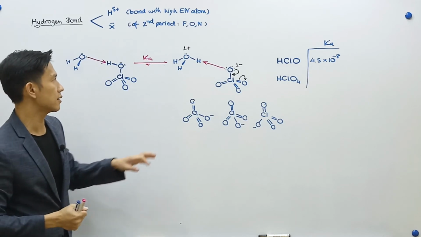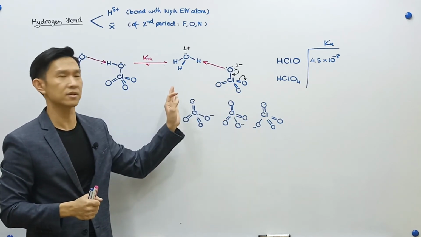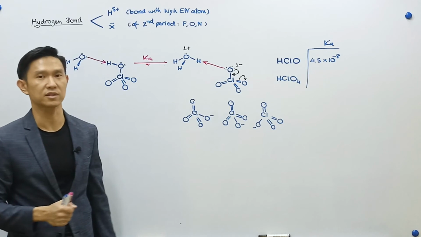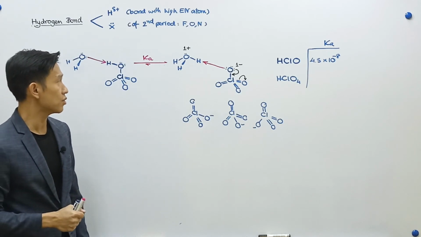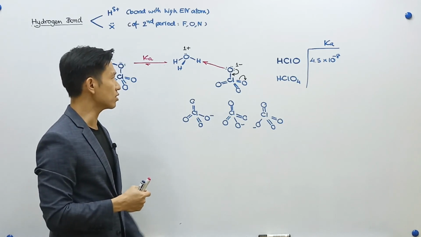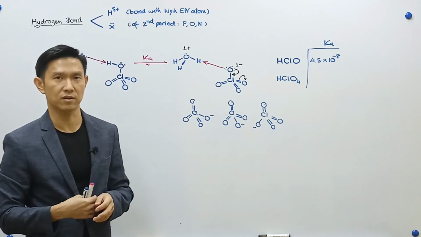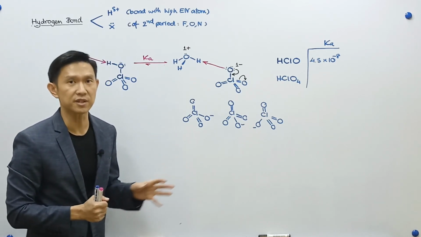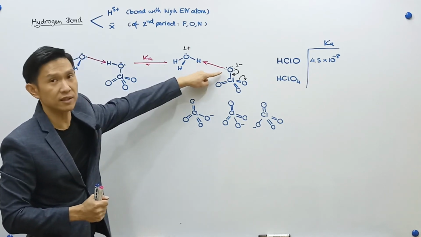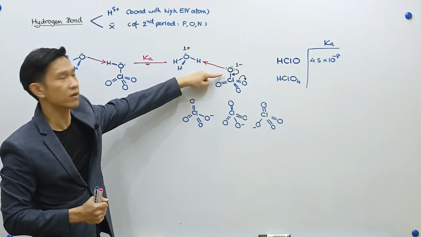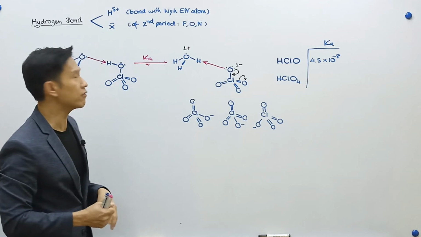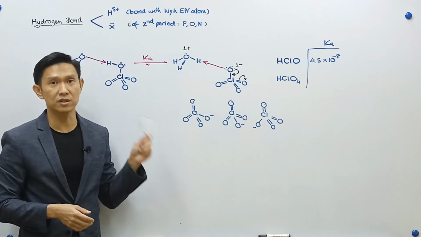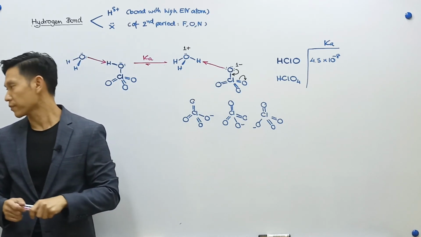So as you can see, the negative charge can delocalize along the structure of the molecule. So not only the inductive effect by the electronegativity, but also the resonance effect makes this oxygen very low in negative charge. So the backward reaction is very, very bad.